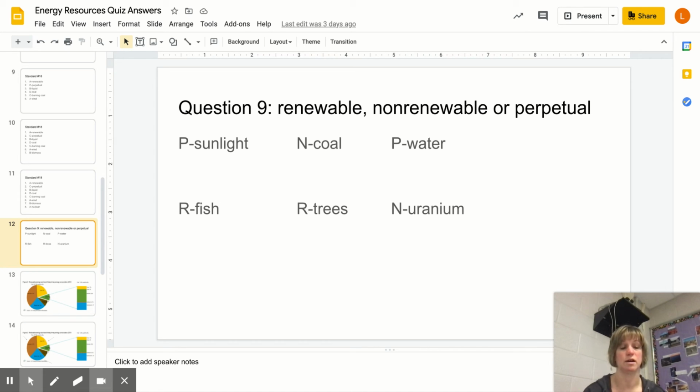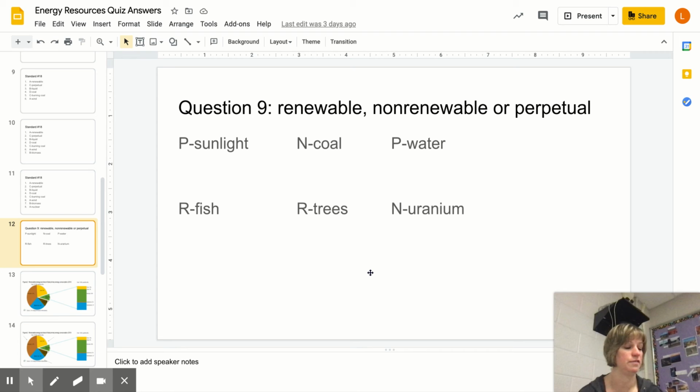Currently on our planet in swampy areas, coal's being created, but it takes millions of years to get buried in the rock cycle. And then water is perpetual. Both fish and trees are renewable, and remember, uranium is non-renewable. Now, on your retake, you're not going to have these exact same resources, so you just have to use your mind and think through the classification.